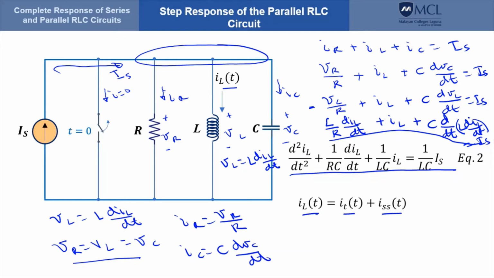So we can get all the responses, the voltages and the currents. We didn't explain on the series RLC how to get the voltages across the elements, but once we get the voltage V sub C, we can actually compute for the current as well.